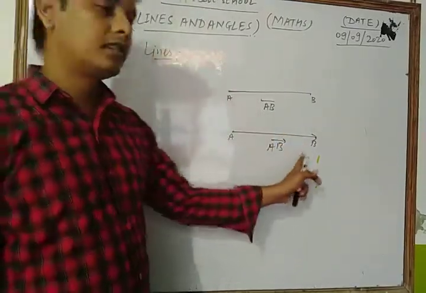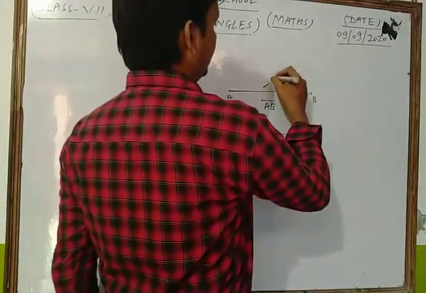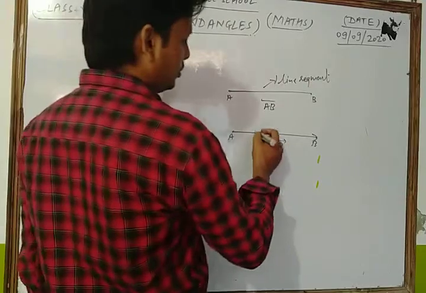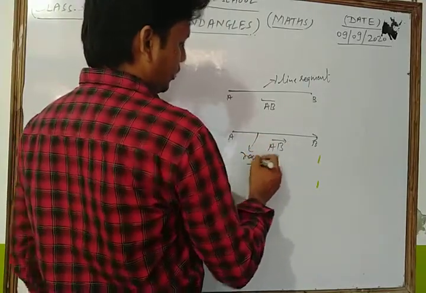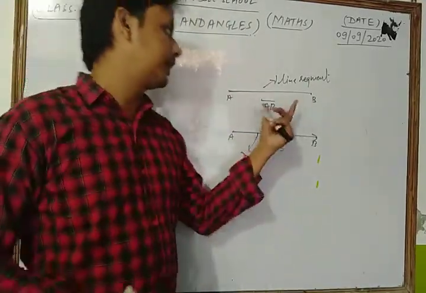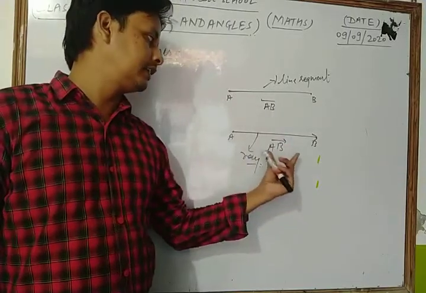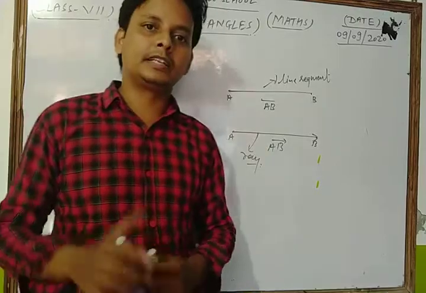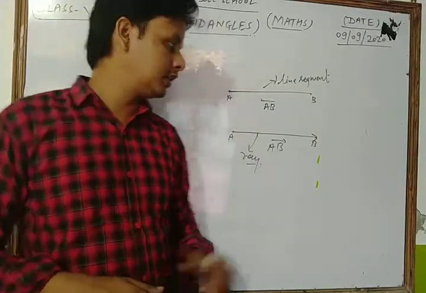This is your line segment, and this is your ray. A line segment is denoted by AB bar, and a ray with an arrow. That is, if a line segment is extended in one direction, then it is said to be a ray.